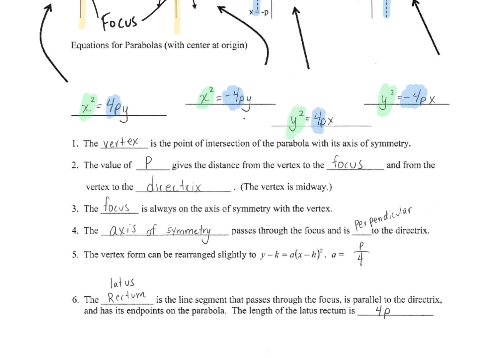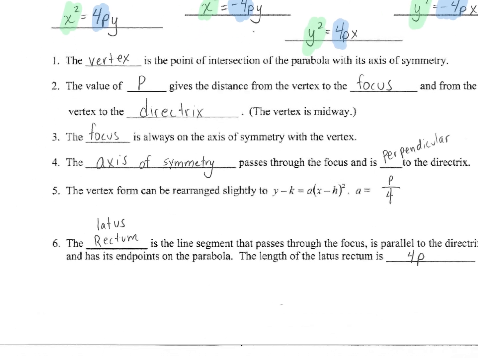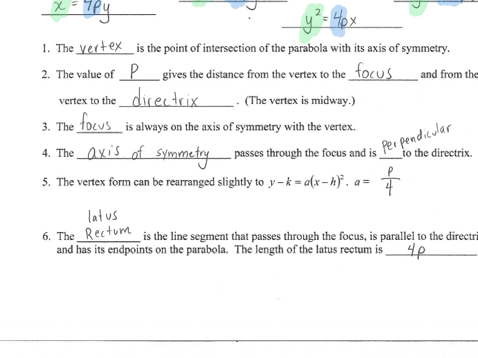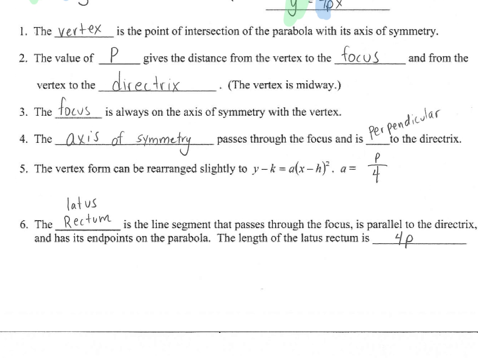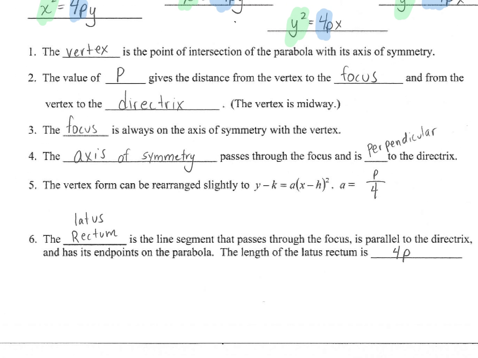So let's fill in some vocabulary and fill in the bottom of our page here. I'm going to read through these. Please feel free to pause as is necessary. Number one, the vertex is the point of intersection between the parabola and its axis of symmetry. Number two, the value p, which we noticed in our formulas up above, gives the distance from the vertex to the focus and from the vertex to the directrix.